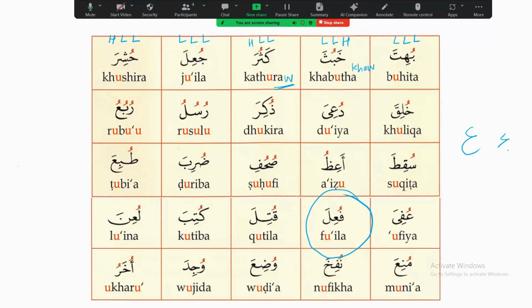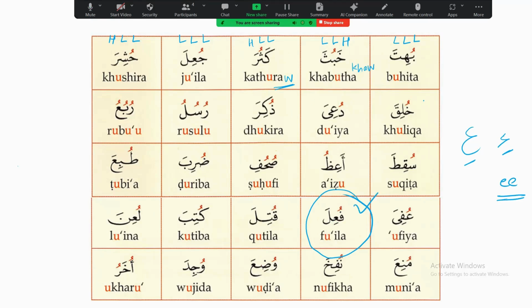So the hamza sound is e, and the sound of the ayn is ri. Hamza is just like e, the sharp e sound, and ayn is like ri, ri from the throat. Ri, e, ri. So in this word we have ayn, we say ri, fu, ri, la, fu, ri, la, like this, sister, okay?